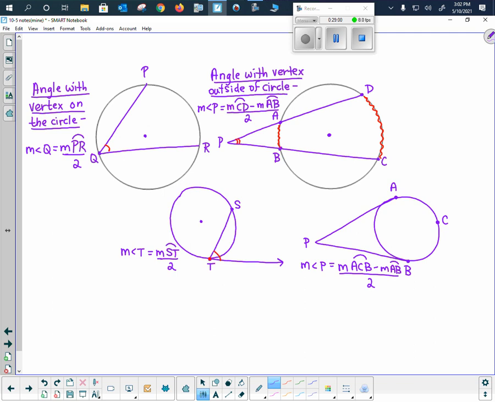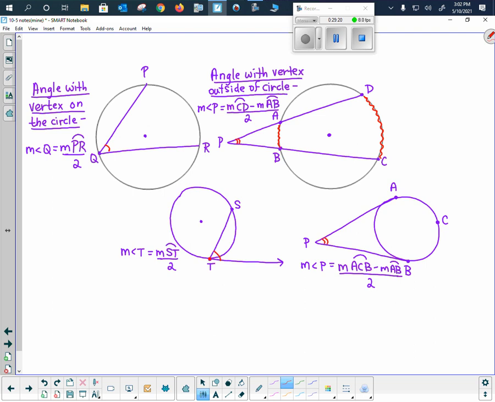Okay, so don't go memorizing the letters or anything, guys. Memorize where the vertex is and what that does as far as the arcs. Okay, how the angles are related to the arcs.